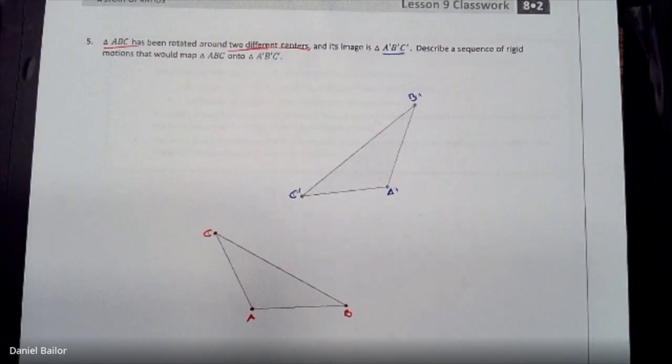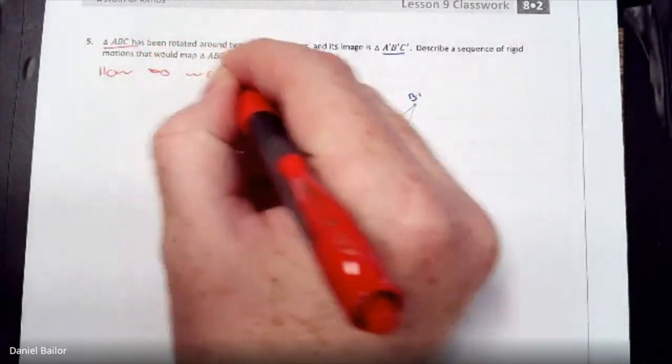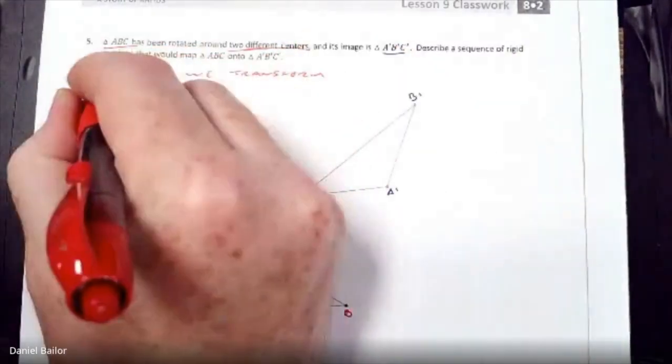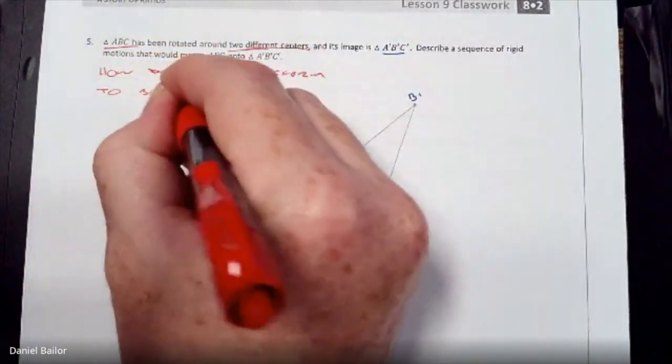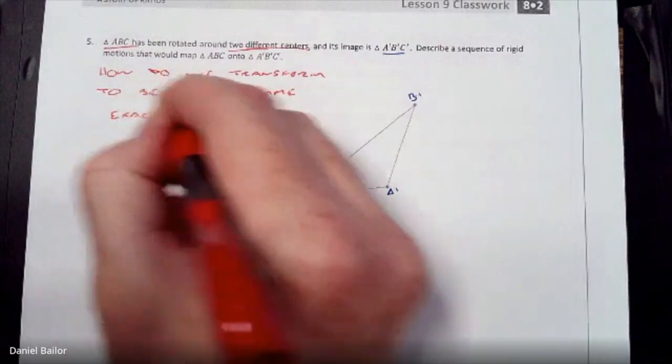Again, how do we get them to match perfectly in the same exact spot? How do we transform them to be in the same exact spot?